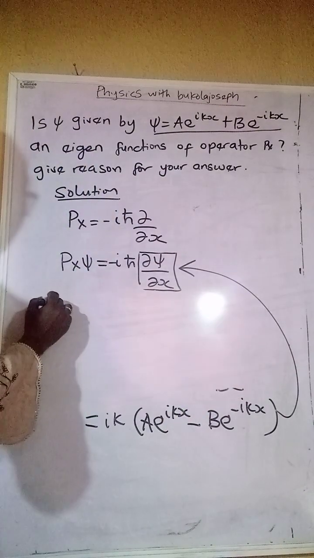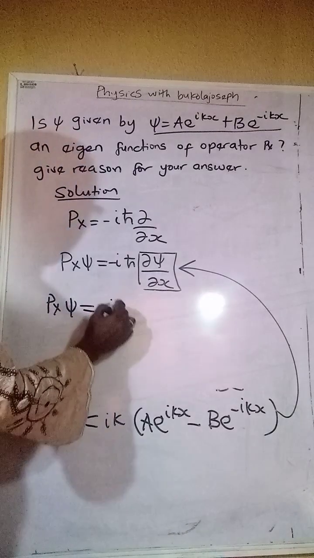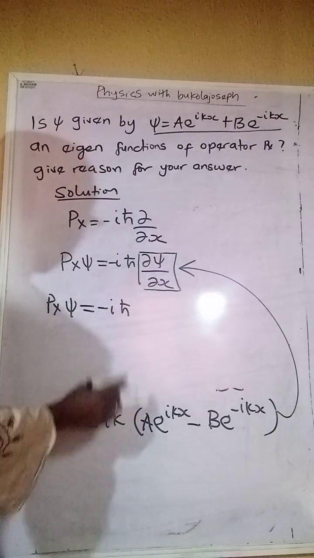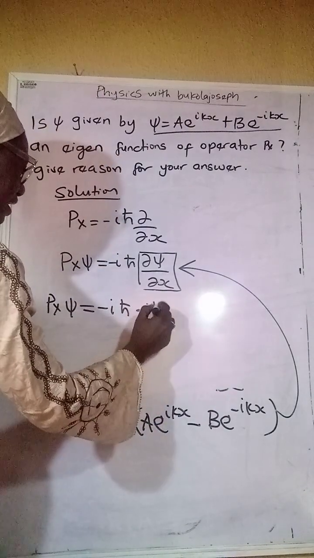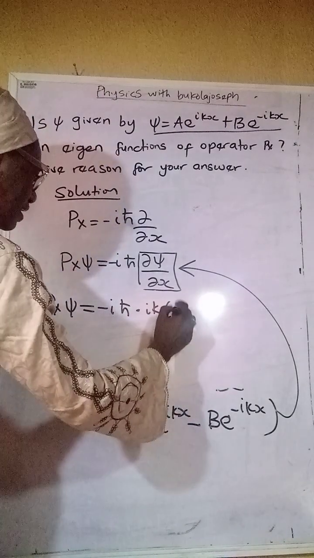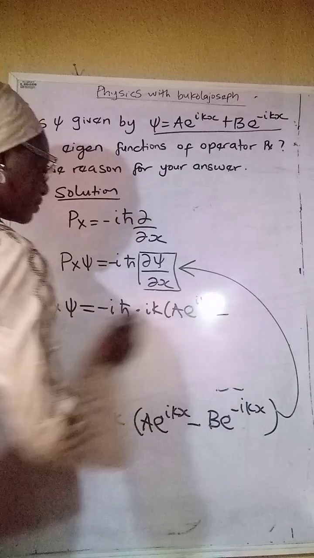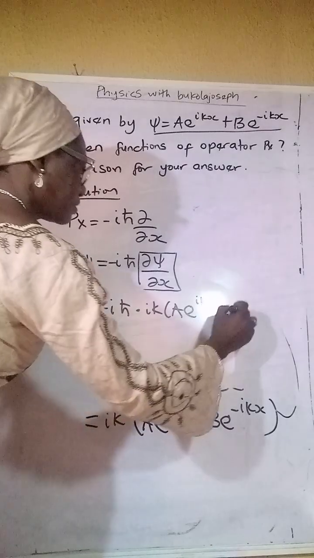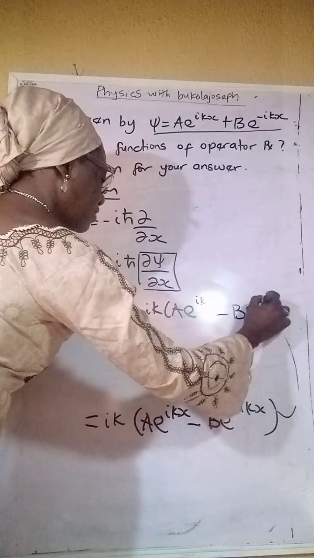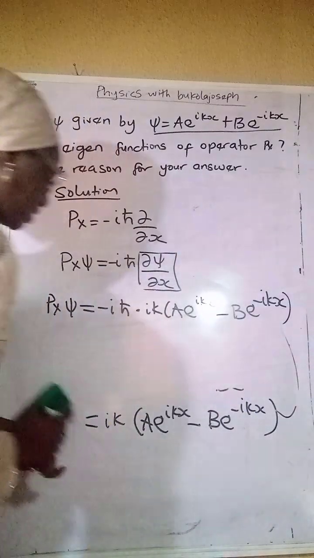It becomes px psi equals minus i h cross, and we substitute everything here: ik times A exponential ikx minus B exponential minus ikx, close the brackets.